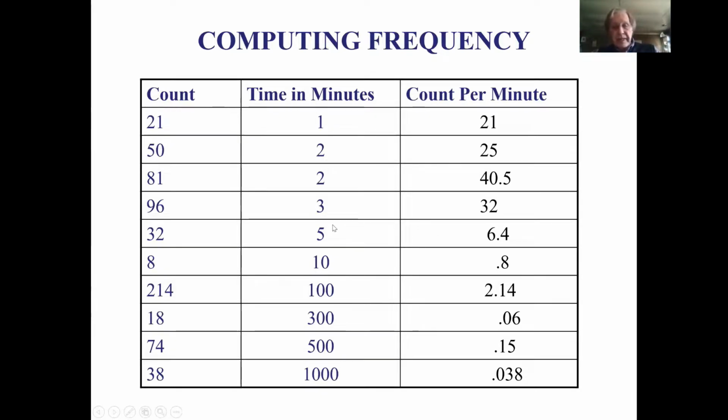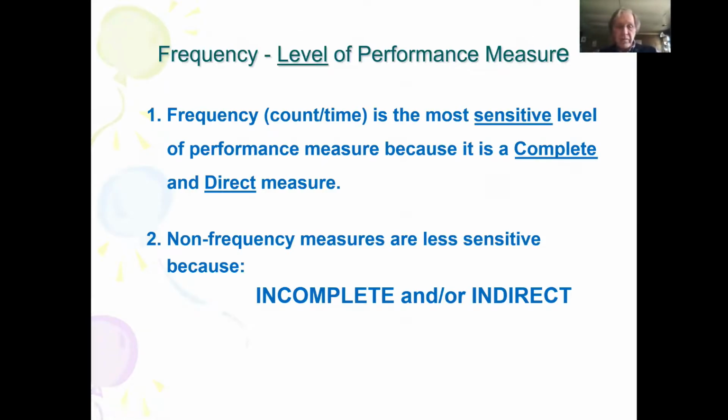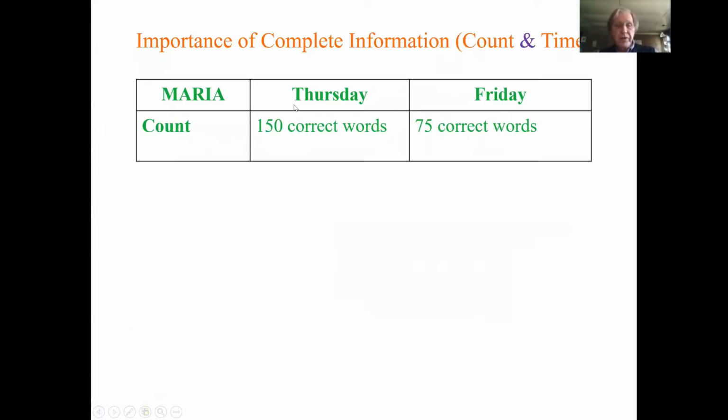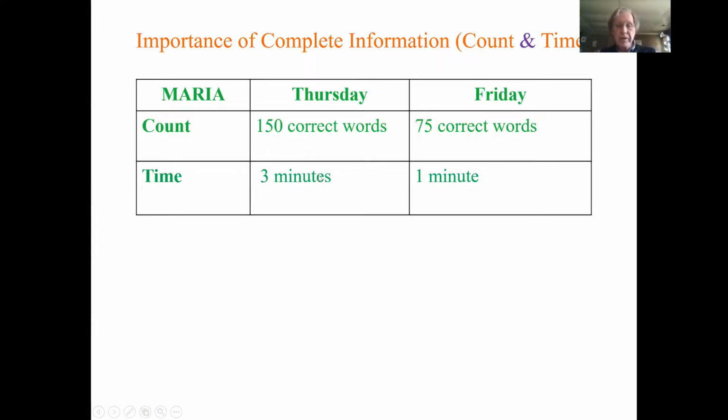Frequency is the most sensitive level of performance measure because it is a complete and direct measure. Non-frequency measures are less sensitive because they're incomplete or indirect. A couple of examples. Here's Maria, who read orally 150 words correct on Thursday and 75 words correct on Friday. But her time of reading was 3 minutes on Thursday and 1 minute on Friday.